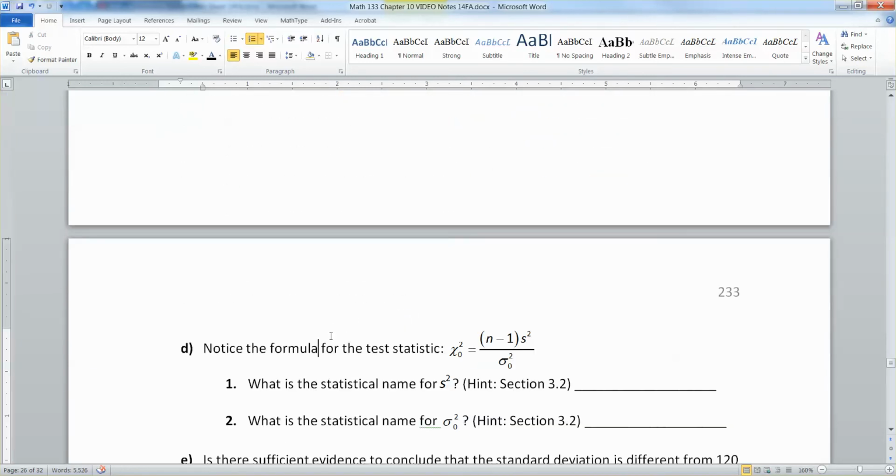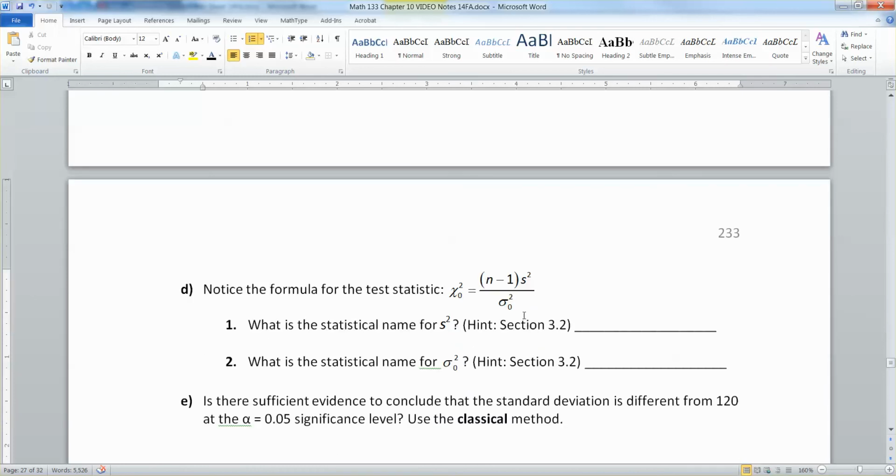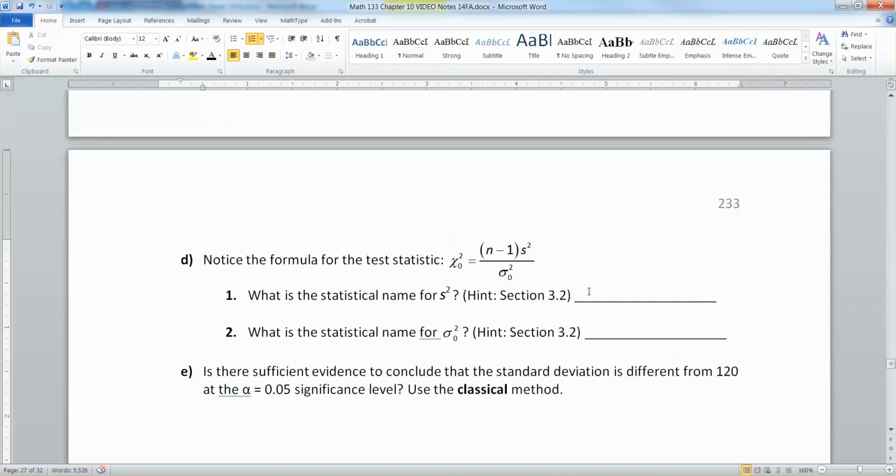Okay, so now notice the formula for the test statistic is chi0 squared equals n minus 1 times s squared over sigma 0 squared. All right, so let's remember from section 3.2, it's been a long time. S squared is the sample variance. Remember how we stressed variance back then?